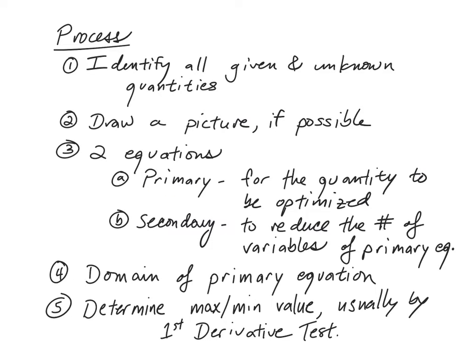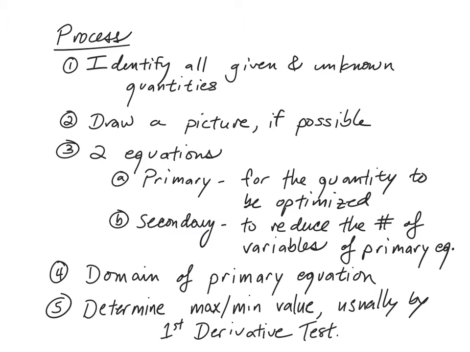Then, once we have made that substitution, we will find the domain for the primary equation. And of course, we want to make sure the domain makes sense, make sure that it is reasonable. A lot of the times we end up ignoring negative numbers, but I will make sure to note that when I go through some examples in a moment.